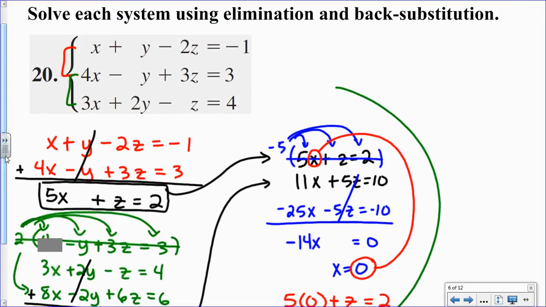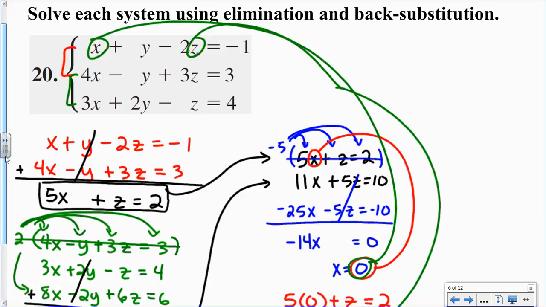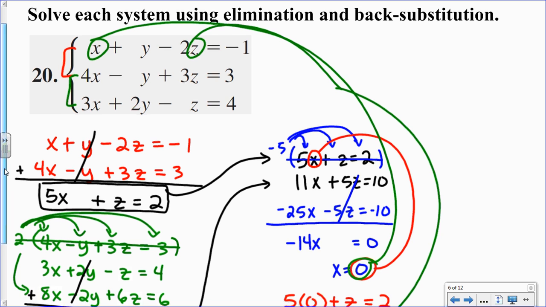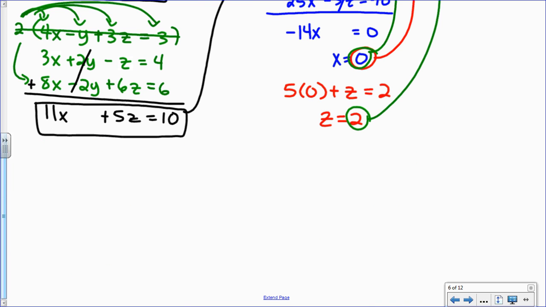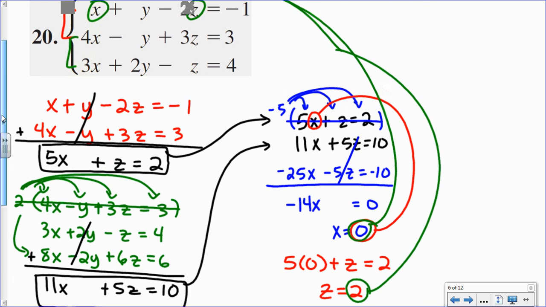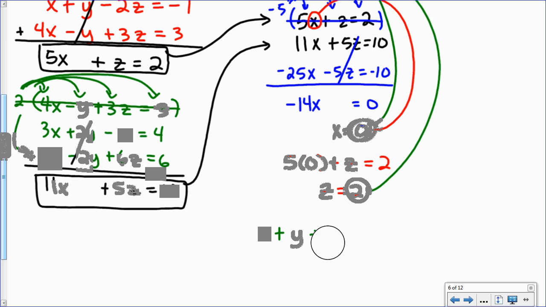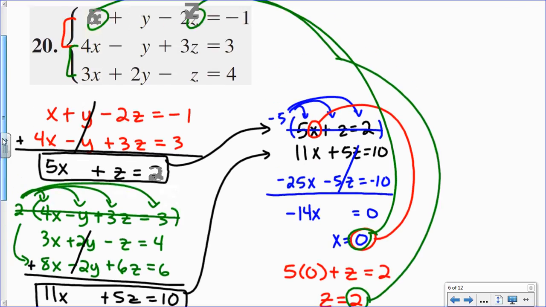Two in for z, and 0 in for x. So 0 plus y minus 2z equals -1.